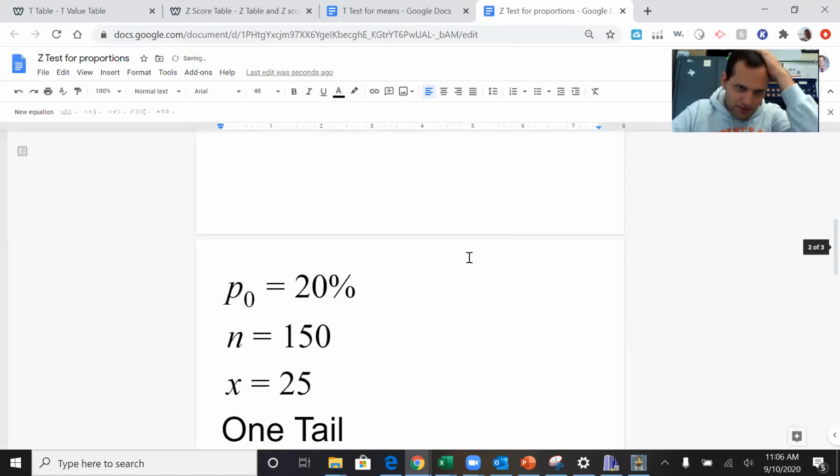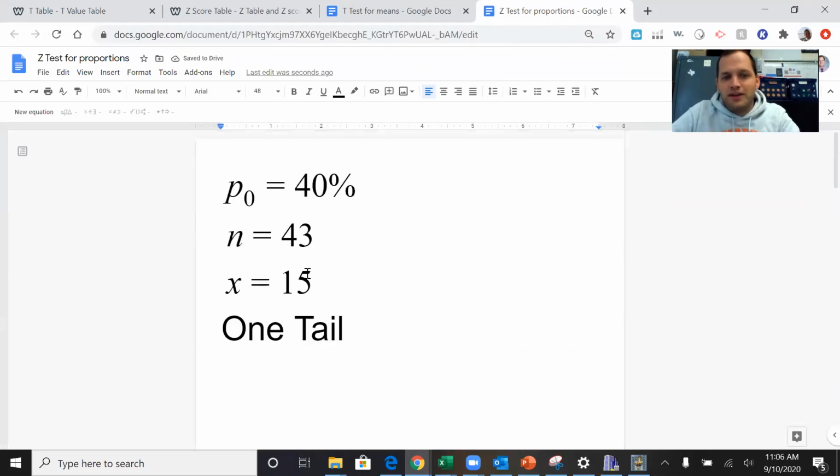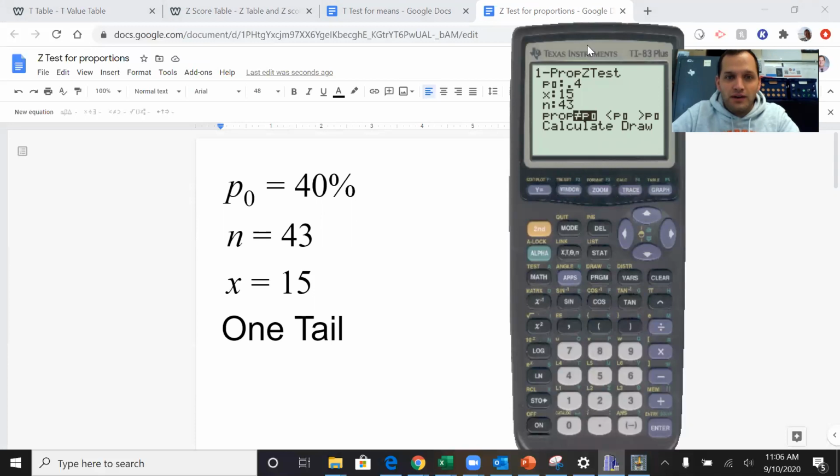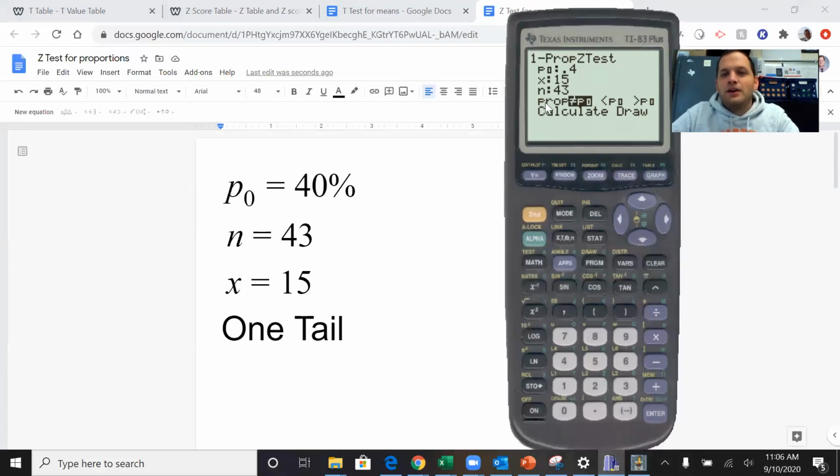Okay, so back up to the first problem. If it's a one tail test and we're thinking that's closer to 34%, not 40%, then our alternative hypothesis is going to be that we're actually less than the null, okay?